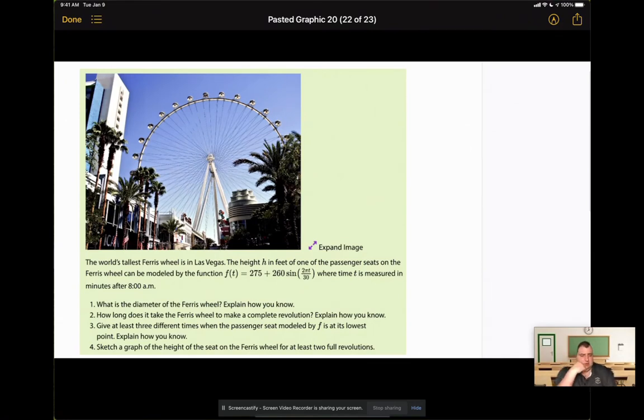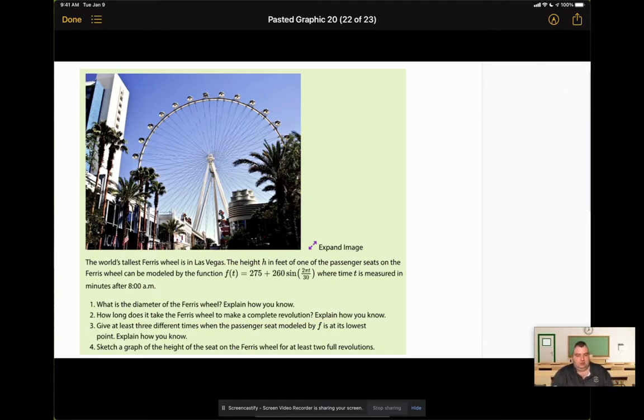Okay, so the world's tallest Ferris wheel is in Las Vegas. The height h in feet of one of the passenger seats on the Ferris wheel can be modeled by the function, and there's our function right here, where time t is measured in minutes.